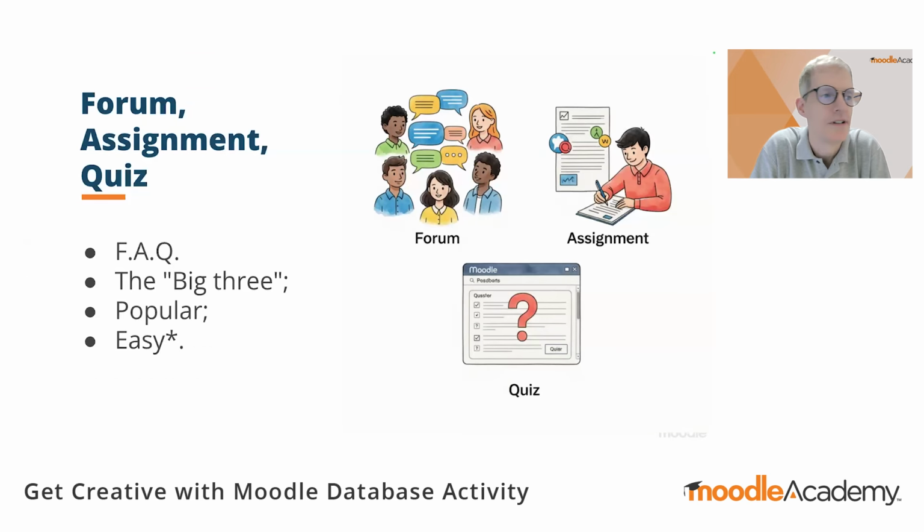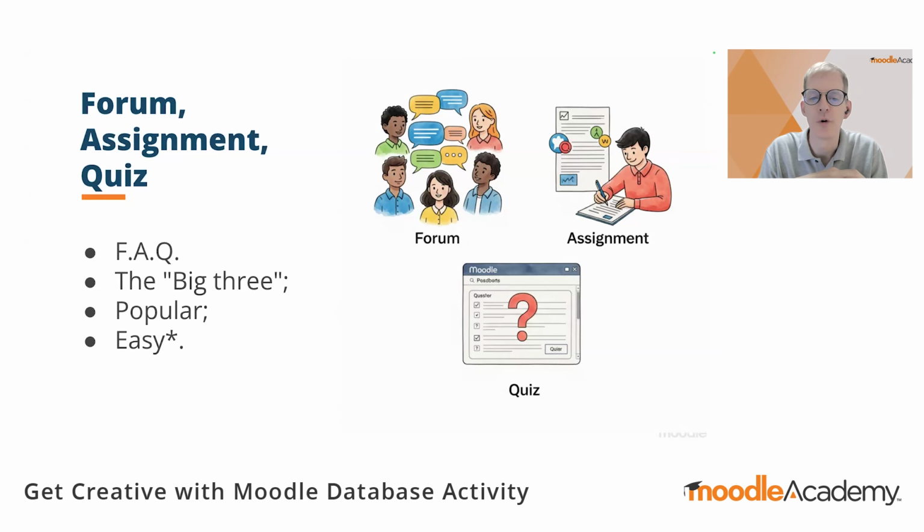All right, the big three activities in Moodle, in my opinion, are the forum, the assignment, and the quiz activities, in no particular ranked order. I'm sure in many Moodle sites, these activities are used the most. Forums are a quick way to start online discussions and Q&A sessions.